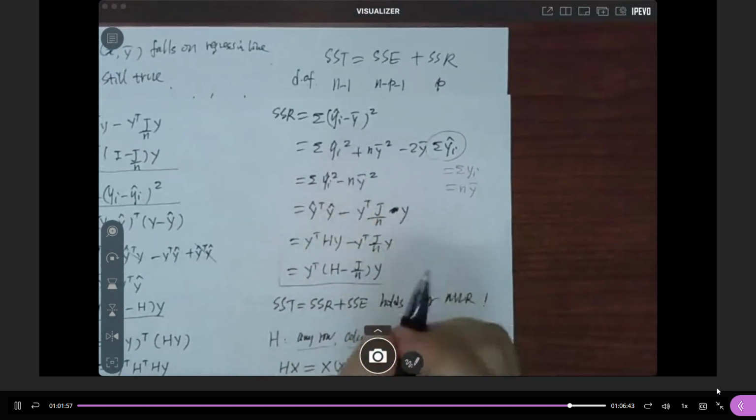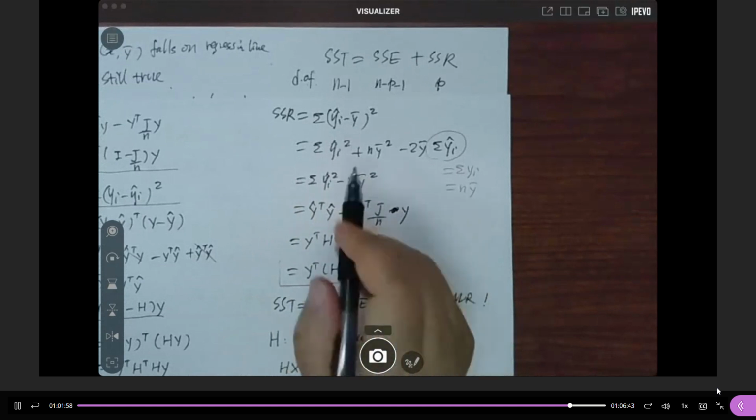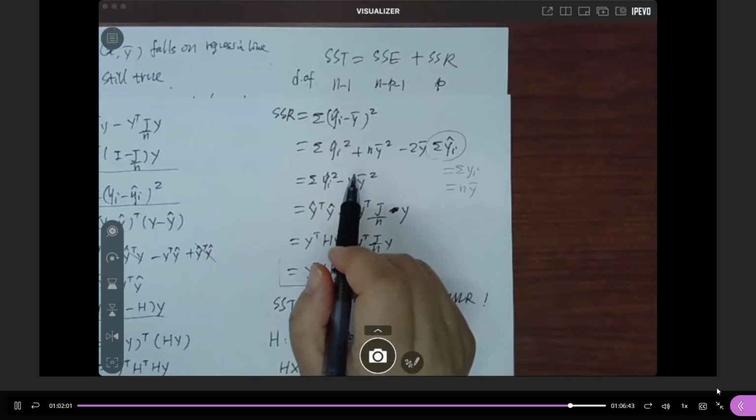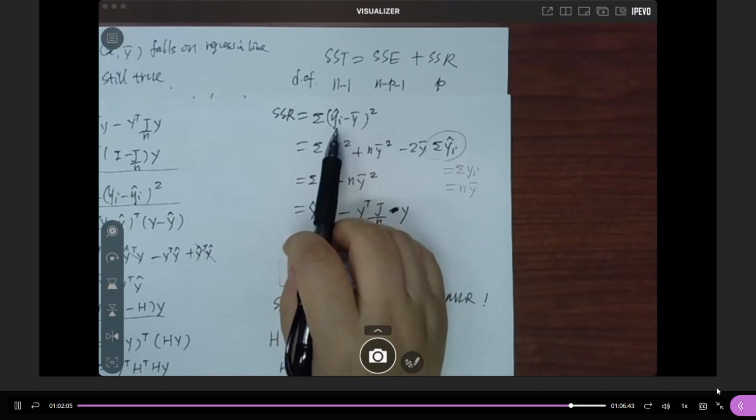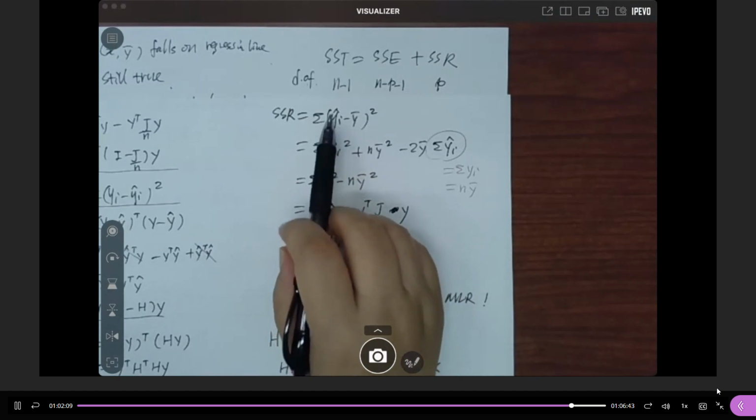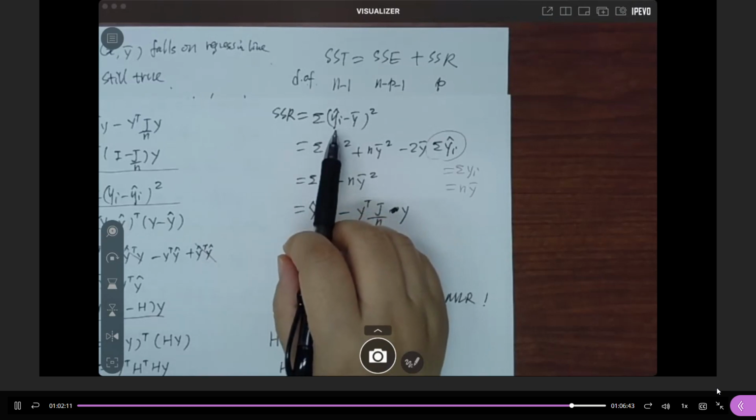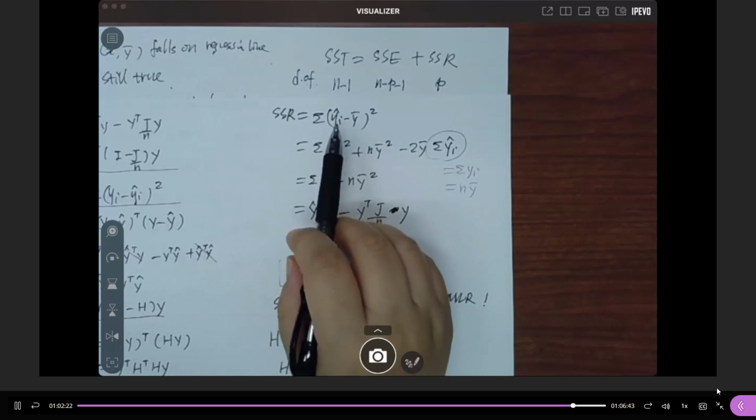You have y hat minus y bar. What's the degree of freedom here? Y hat. When you calculate y hat, you don't have n degrees of freedom because you have a hat here. This is not independently distributed like yi, okay? Yi, each observation is independent of the others, so you have n degrees. But this is y hat.